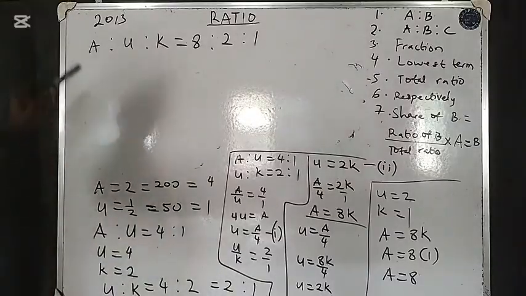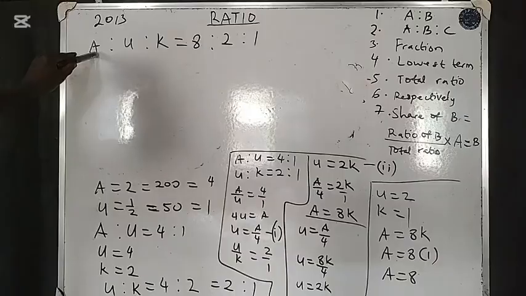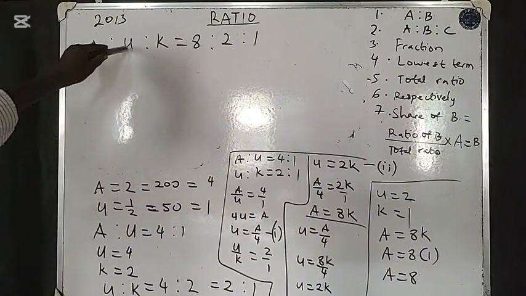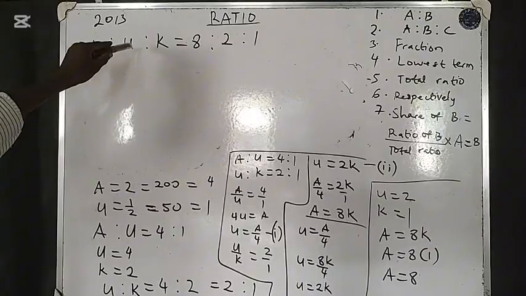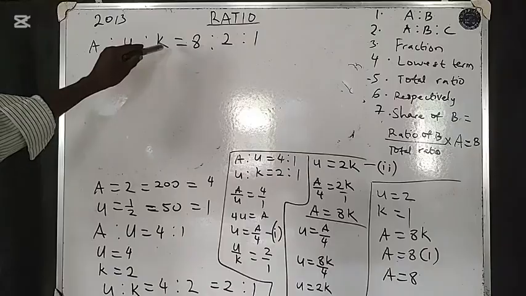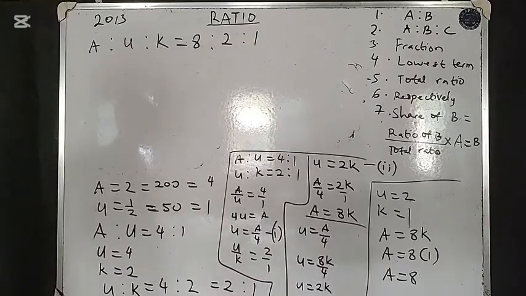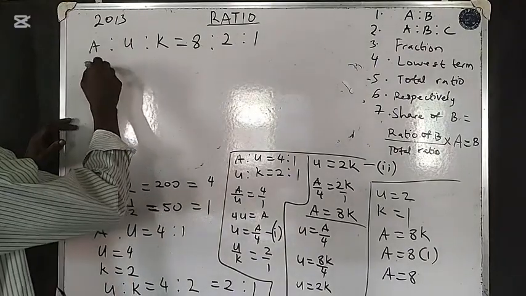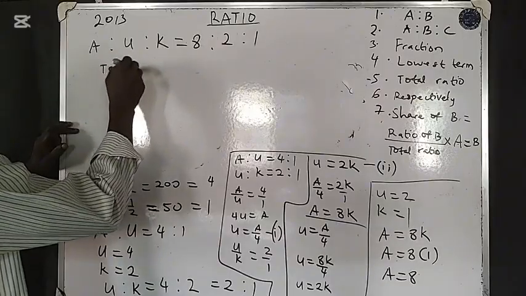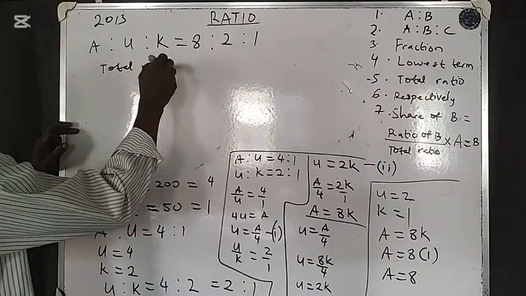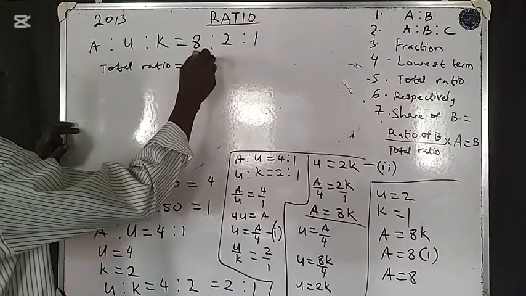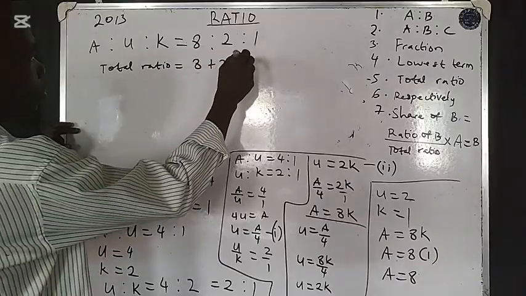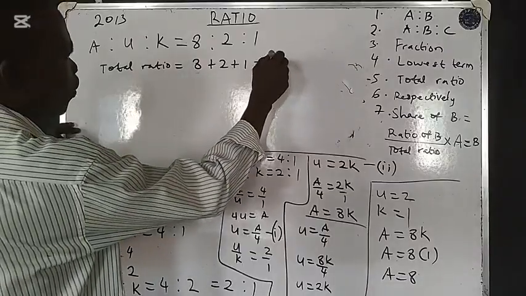So we have, for every 8 naira that Salem gets, this guy will get 2 naira. For every 2 naira this one gets, this one will get what? 1 naira. So total ratio now will be what? Total ratio will be 8 plus 2 plus 1, which is equal to 11.